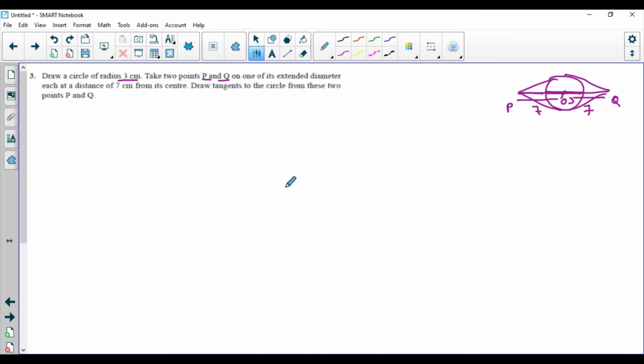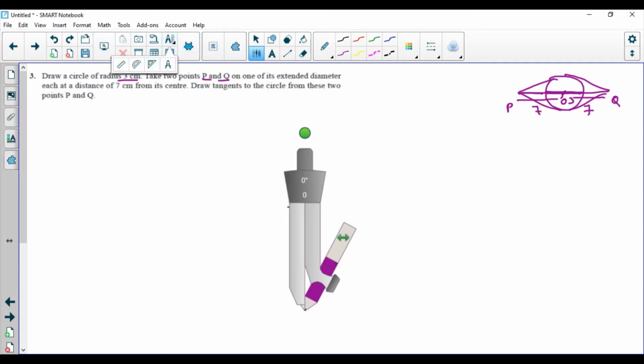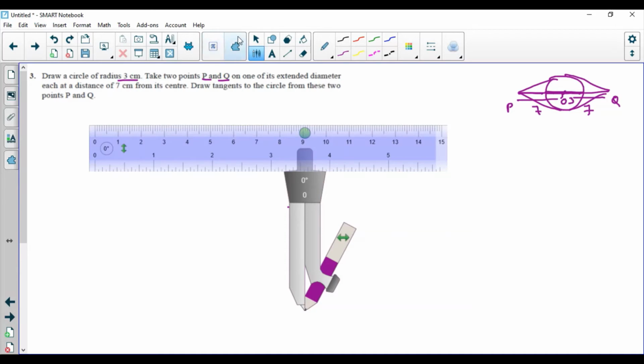So first step will be take any point as center. Then 3 centimeter we have to take.